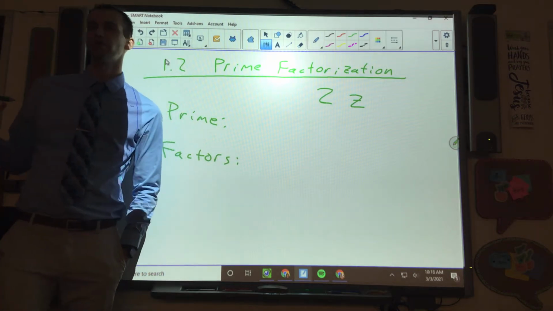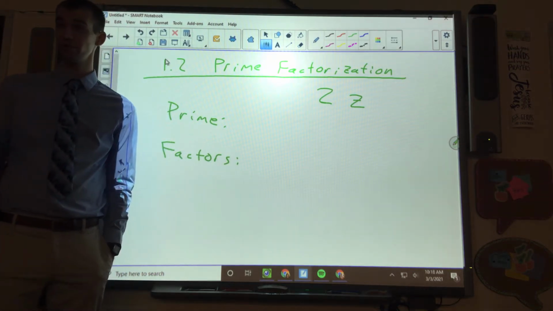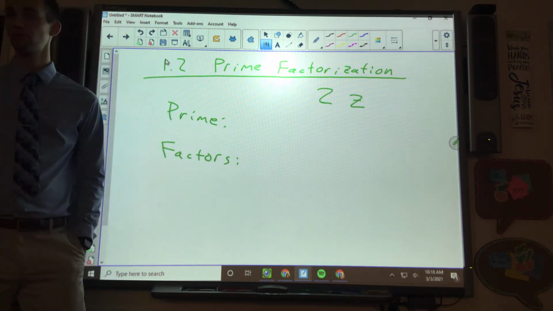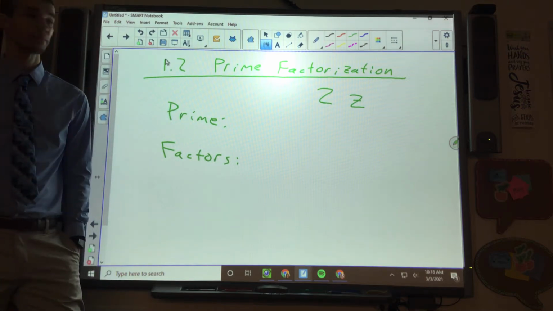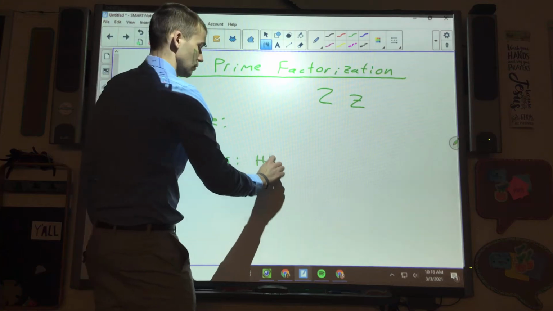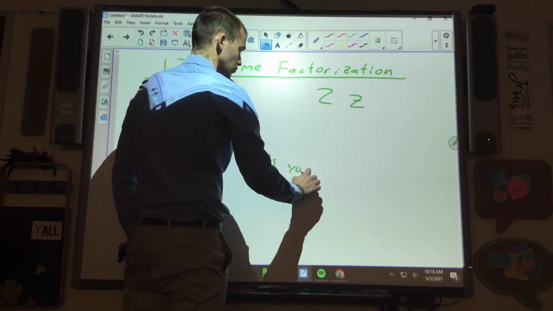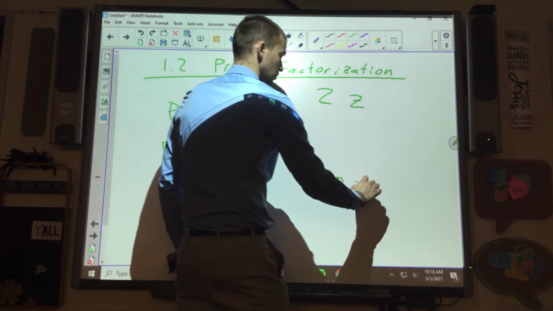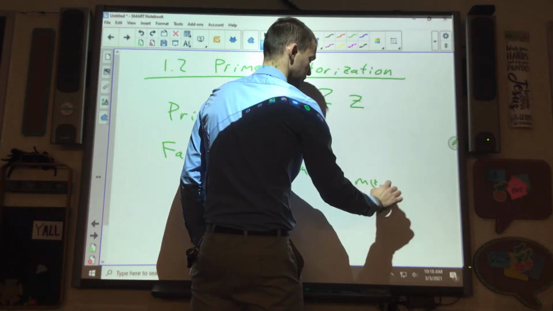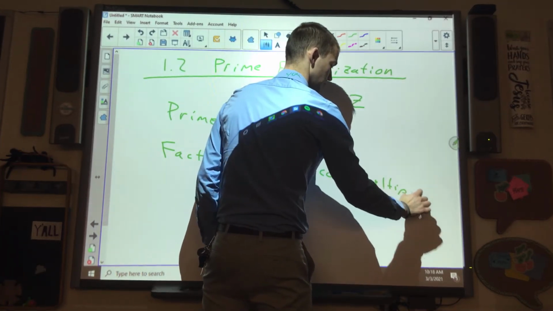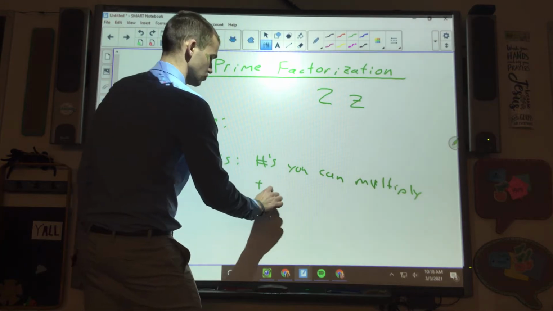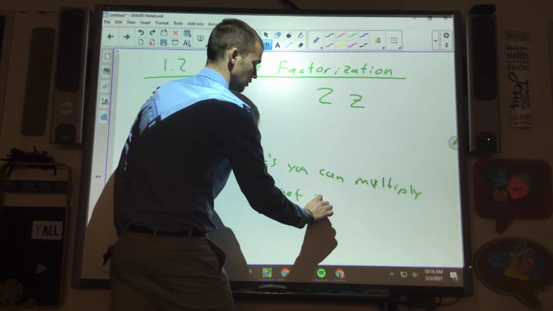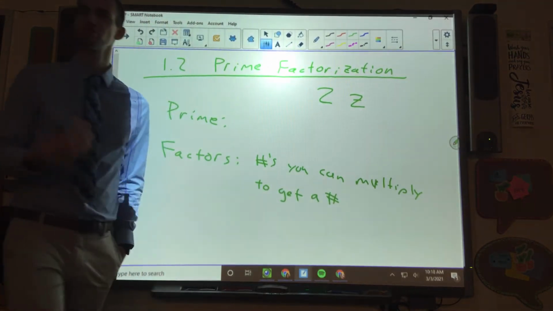No, like what can you multiply to get it? Yeah, factors are numbers you can multiply to get a number. So let's do some examples.